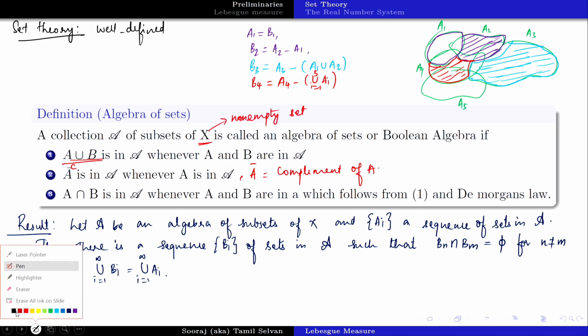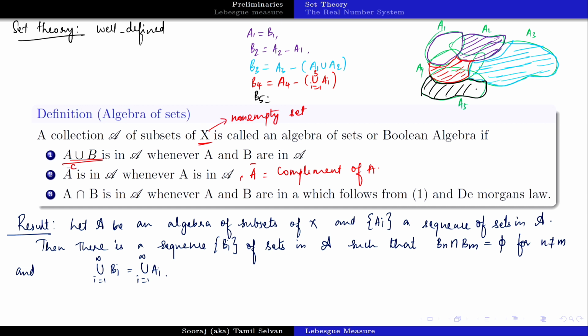Next, what is remaining? We'll have to identify what b5 is. So this part is going to be my b5, which is a5 minus union i runs from 1 to 4 of a_i.